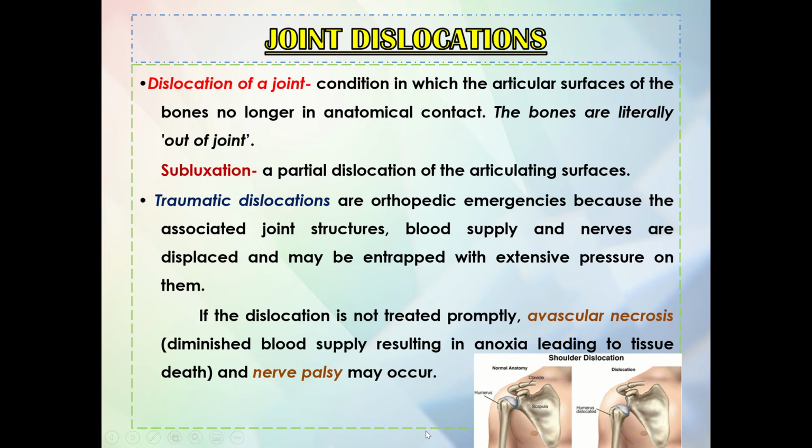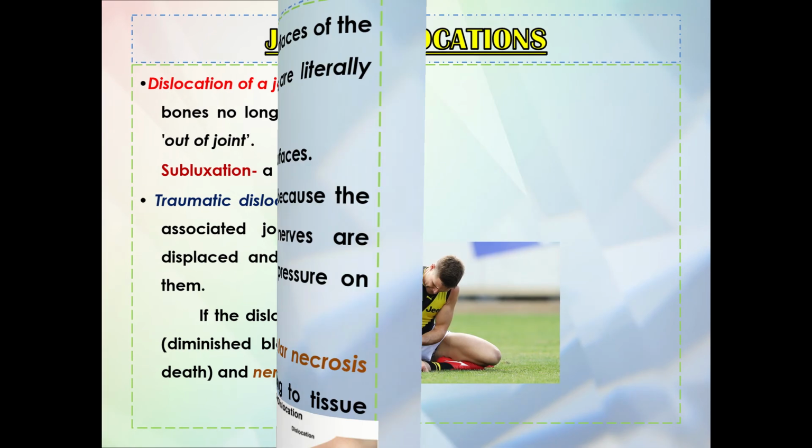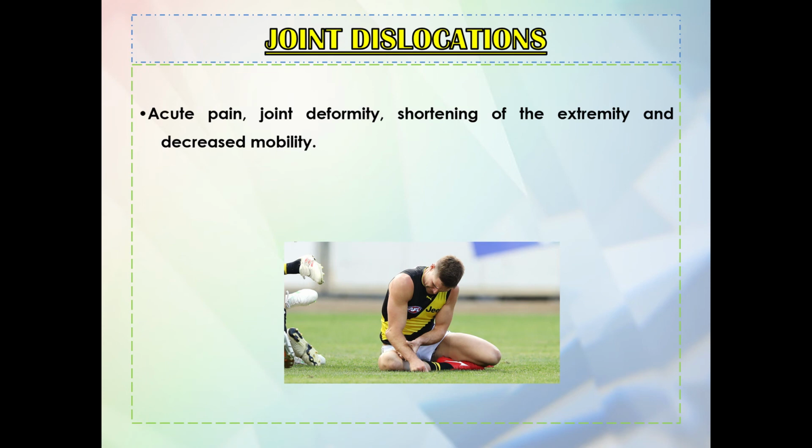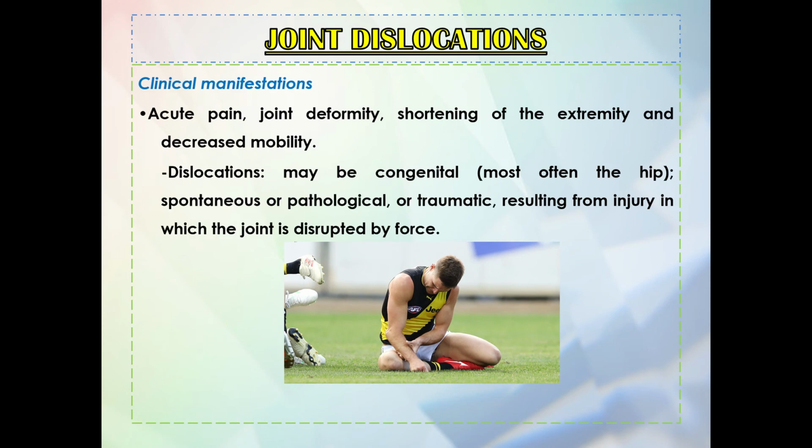Okay, so that is for traumatic dislocations. So, clinical manifestations ng joint dislocation, there is an acute pain. So, definitely, talagang patient will be complaining of pain, joint deformity, shortening of the extremity, and decreased mobility.